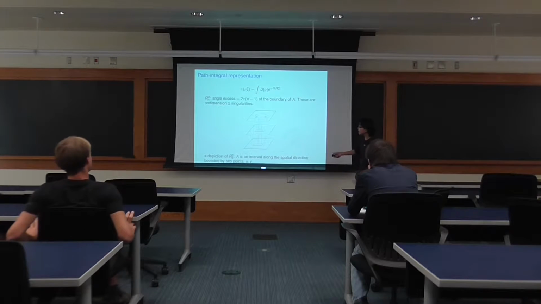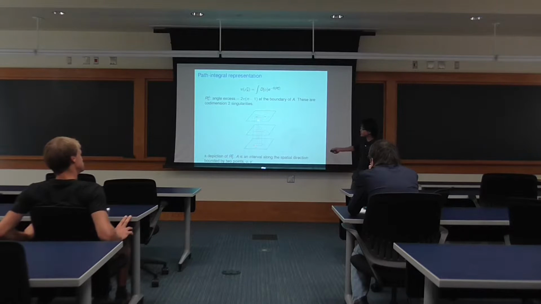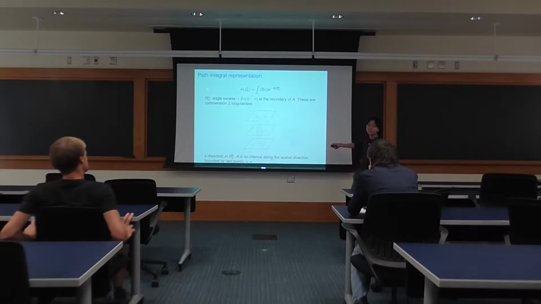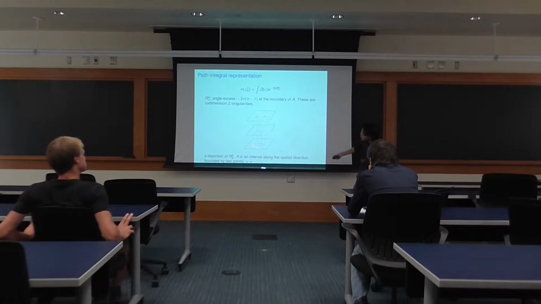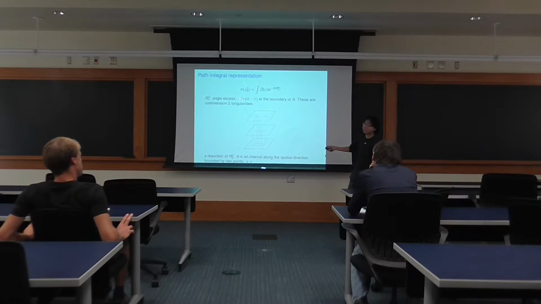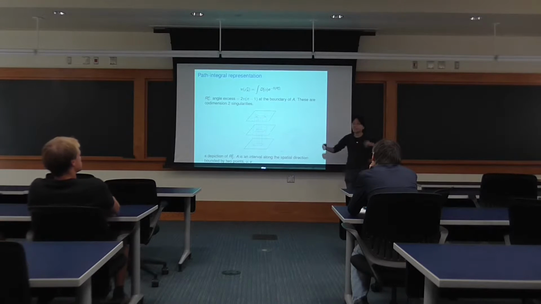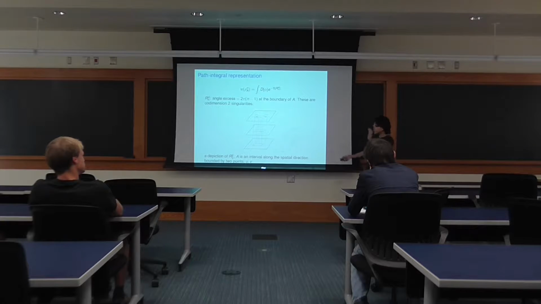And so you can see that if I move around a point U at the boundary, I have to move around it 2 pi n before I reach the starting point again. And that is where the angle excess comes from. And therefore, there is a conical singularity located at the boundary of A, the entangling point in 1 plus 1 dimension. But in higher dimensions, this would be a codimension 2 defect, or codimension 2 surface.